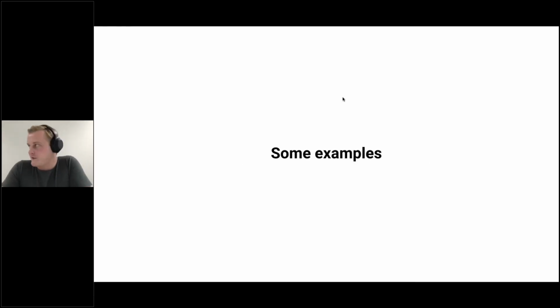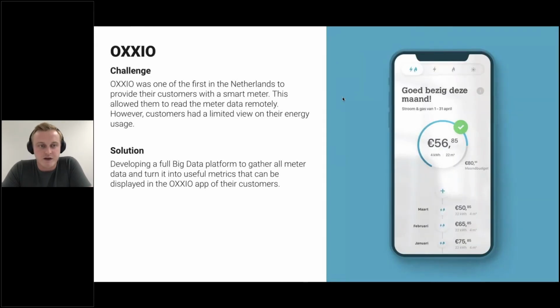To give some examples of some rather cool applications that we built at Timeseries over the years, one of them is actually Oxio, and this is a perfect example of how to reach your customers with mobile applications. Oxio, one of our first customers, was one of the first companies in the Netherlands that fitted houses of their customers with smart meters.